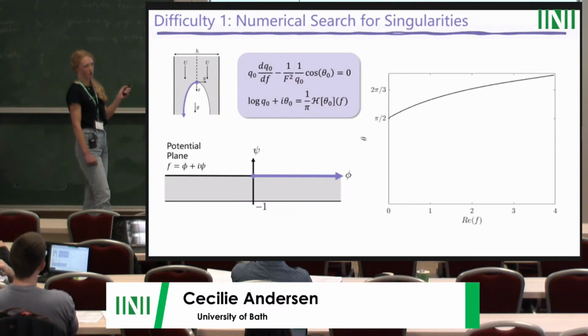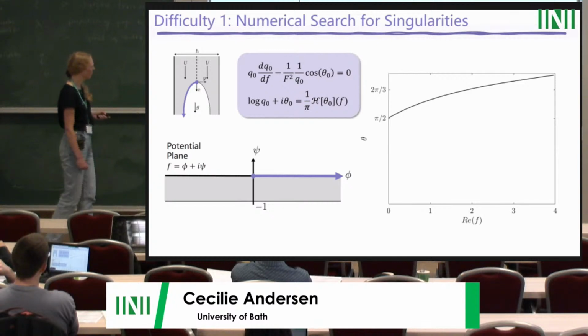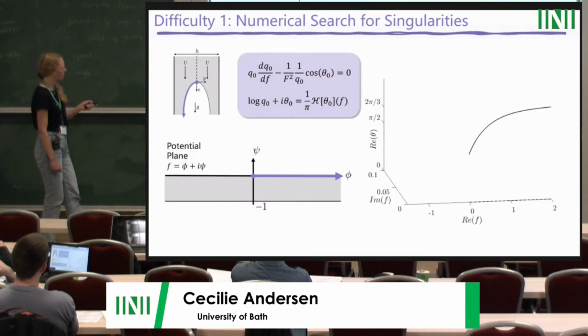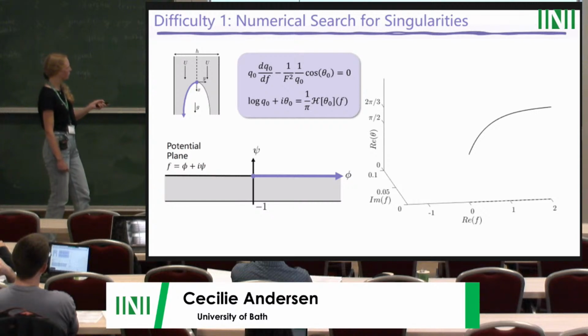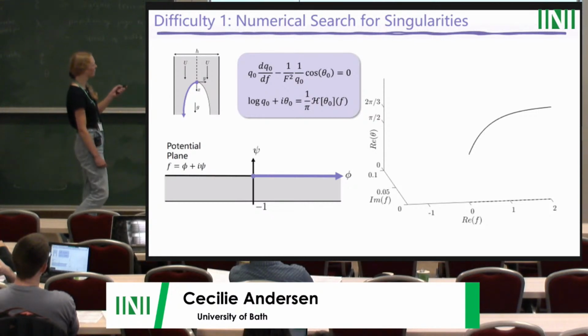And we're able to numerically solve these leading order equations. And here you see one such solution where the angle is pi by 2 at the nose of the bubble, and then it converges towards pi in the far field. Okay, so we've solved it on the positive phi axis, and now we're going to analytically continue these equations into the complex f-plane.